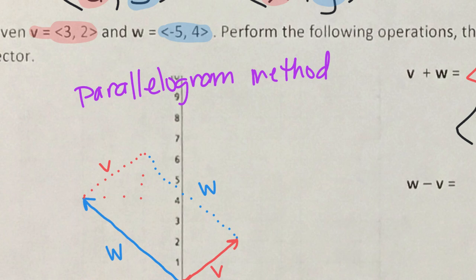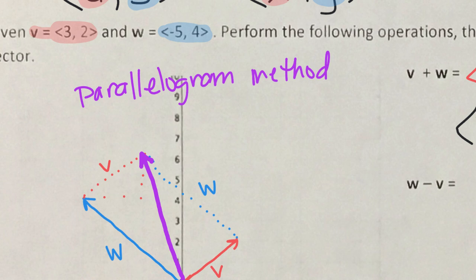So the resultant is what happens when you start at the origin and you go to where these things intersect. Okay, so that is the answer of the vector V plus the vector W. That is the resultant. So let's see if it's the same answer as what we got from our calculation.